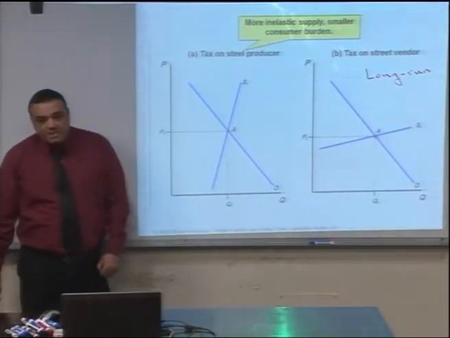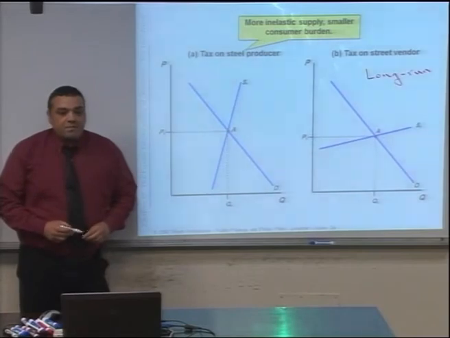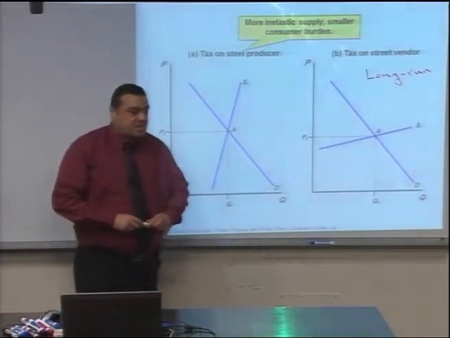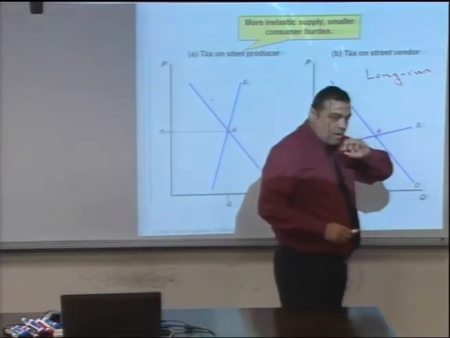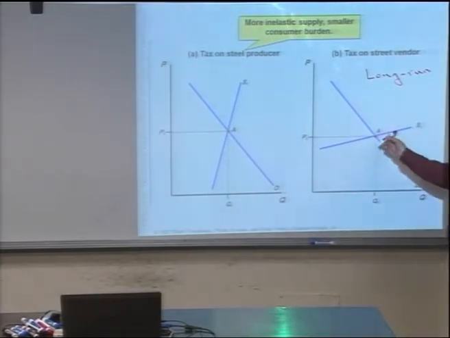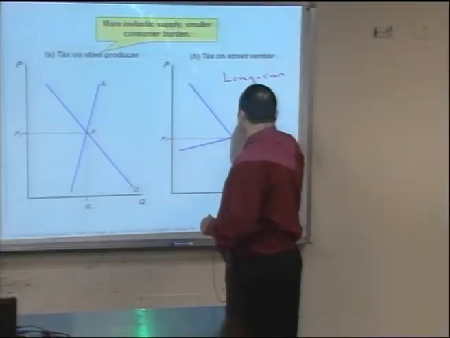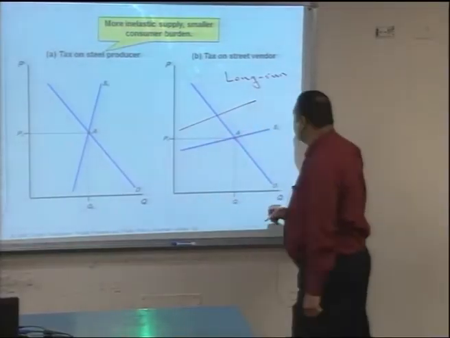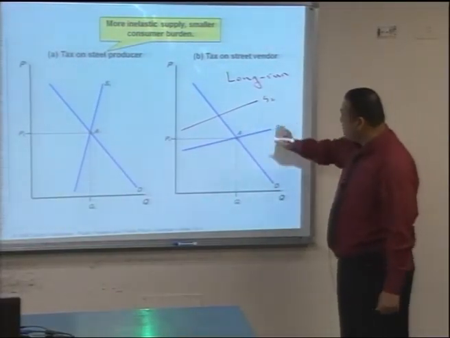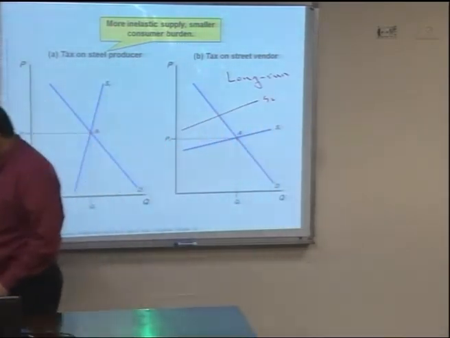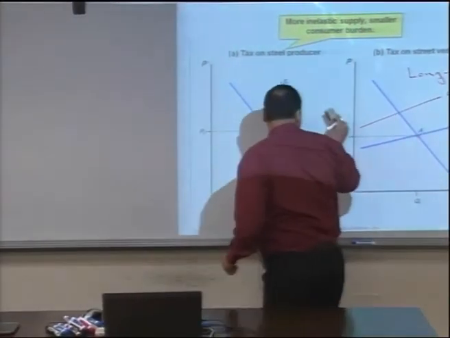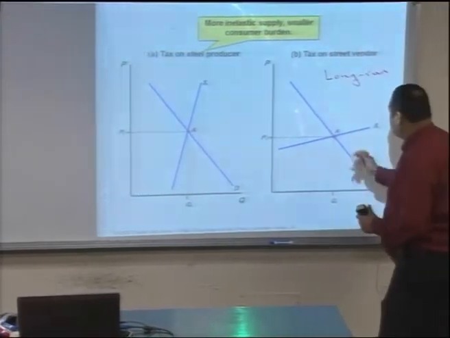Supply is elastic. If the government imposes or levies the tax on the producer, supply shifts left to S2. Let's draw it parallel to the original supply curve to determine who bears the tax.